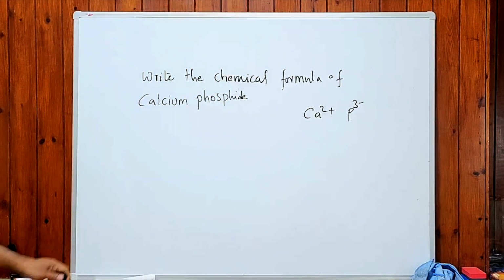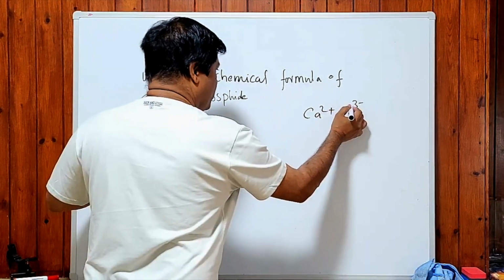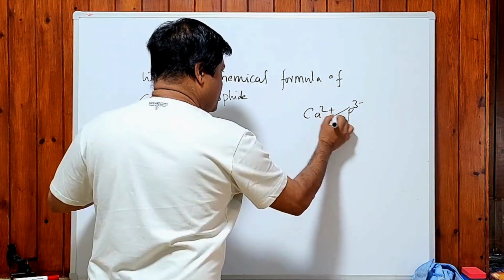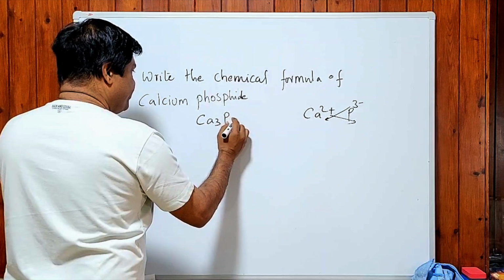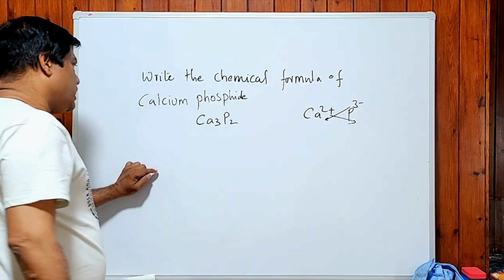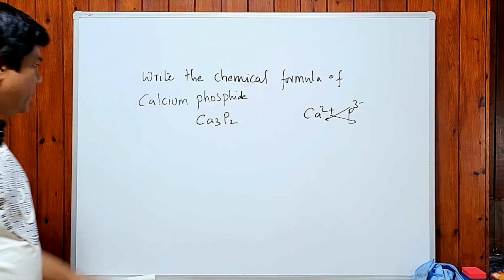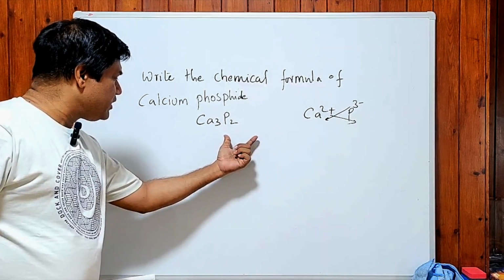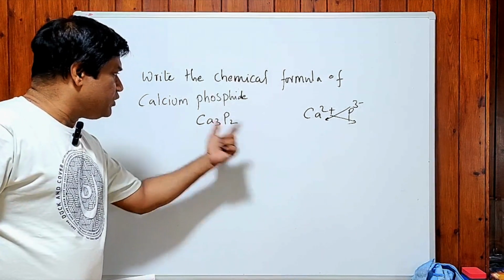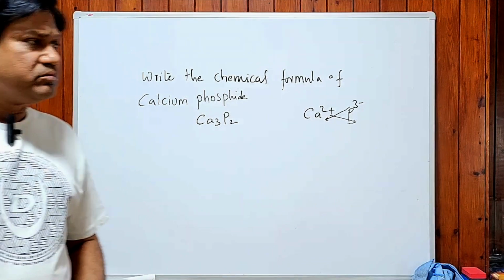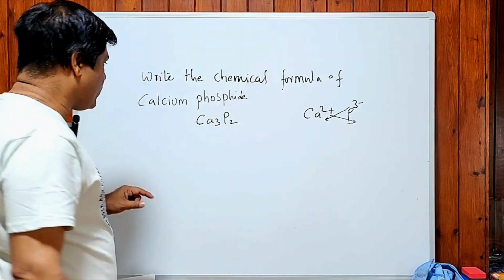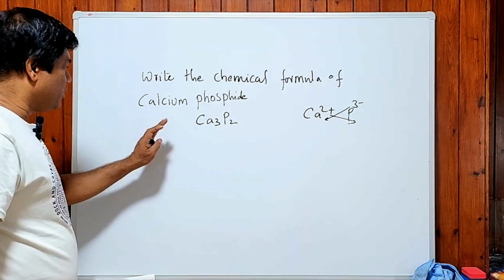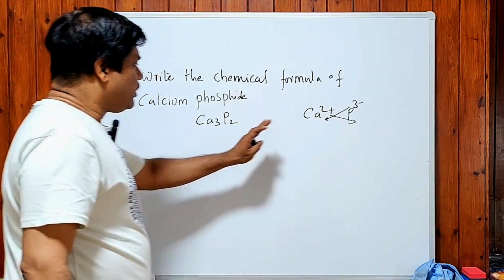I'll show you. Move 3 to this side and 2 to that side. Ca3P2, calcium phosphide. Calcium gets oxidized and phosphorus gets reduced. Calcium loses electrons, phosphorus gains electrons. Okay, that's between group 2 and group 5.